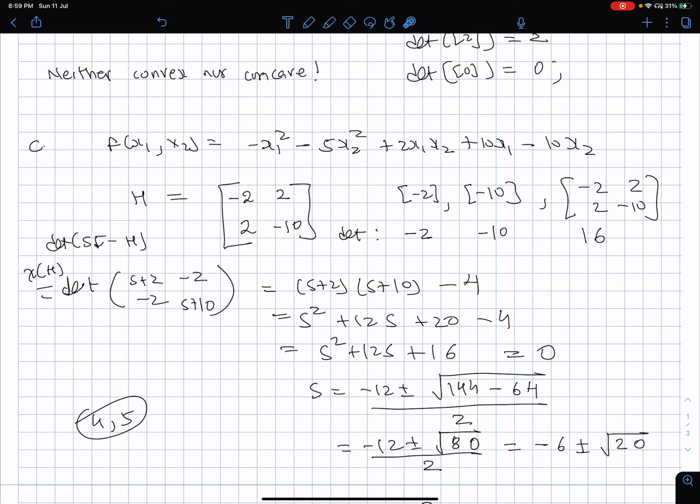What I should be doing is, suppose, so 20 minus 4 is 16. So if a matrix is negative definite, then the determinant should have been less than 0.